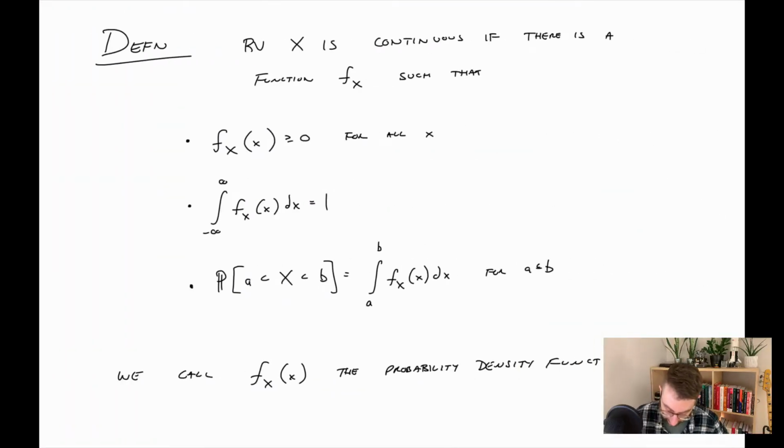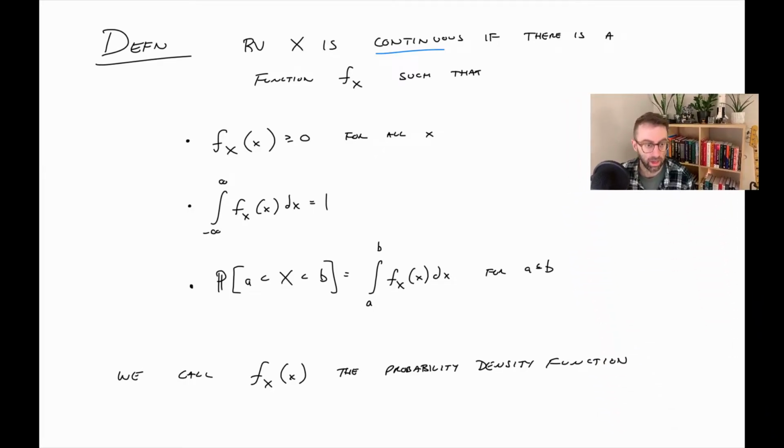So we say x is a continuous random variable if there's some f such that these conditions are satisfied. So 1, that function is 0 or above. If we take an integral for all possible values of that function, we get one. And this last condition here is about how to get probabilities.